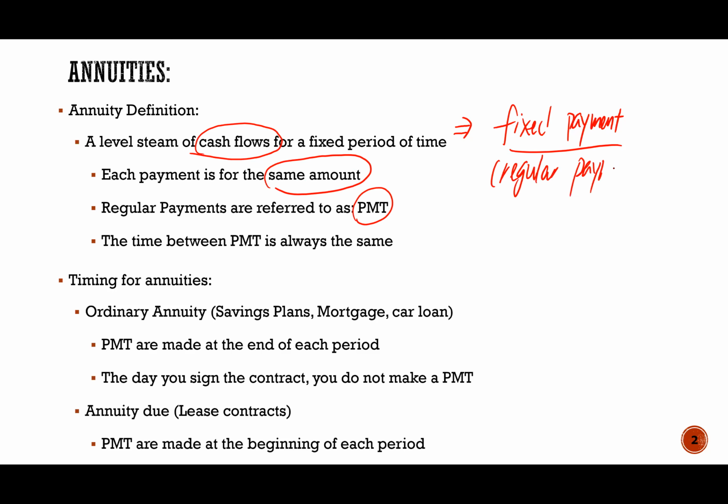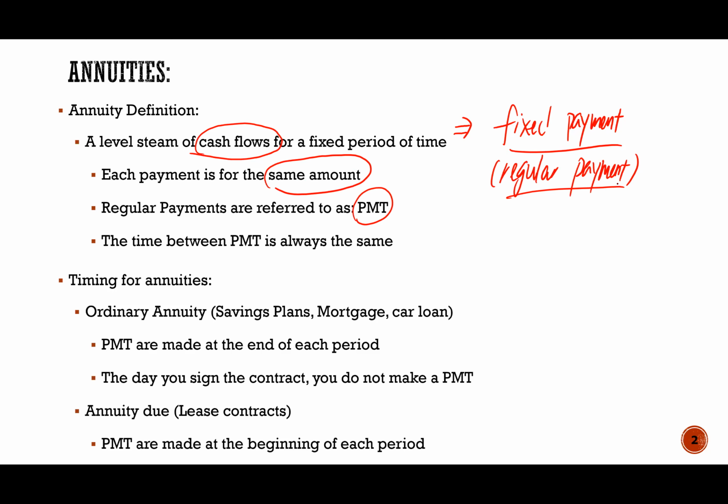And you probably heard this from the mortgage, right? If your parents have a house, they probably borrowed money from a bank, and usually on a monthly basis they pay back a fixed amount, right? And that's what they call the regular payment.